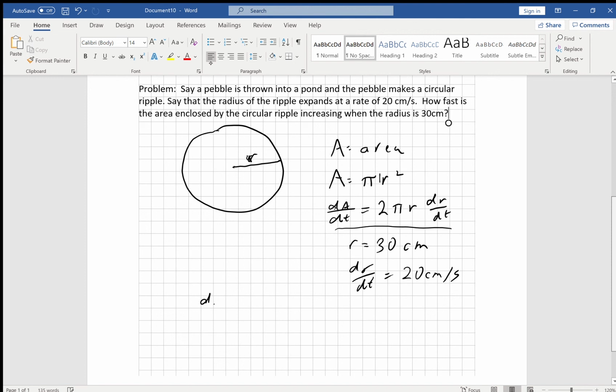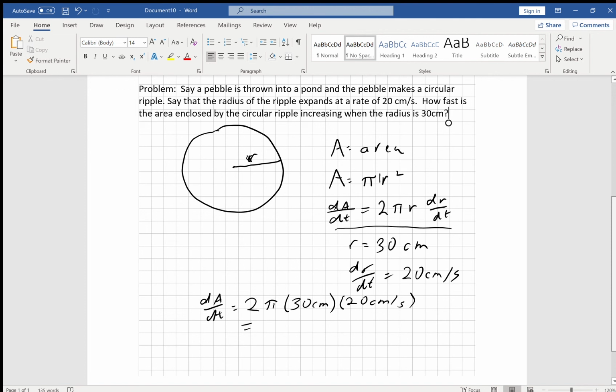So dA/dt is equal to 2 times pi times r, which is 30 centimeters, times dr/dt, which is 20 centimeters per second. Well, 2 times 30 is 60, times 2 is 120, times 10 is 1,200.